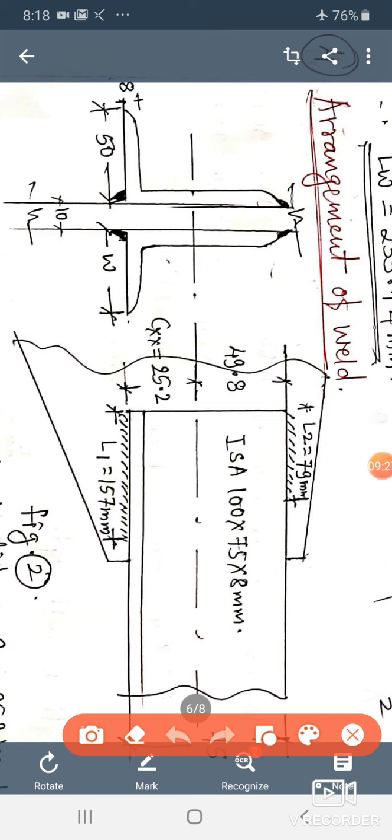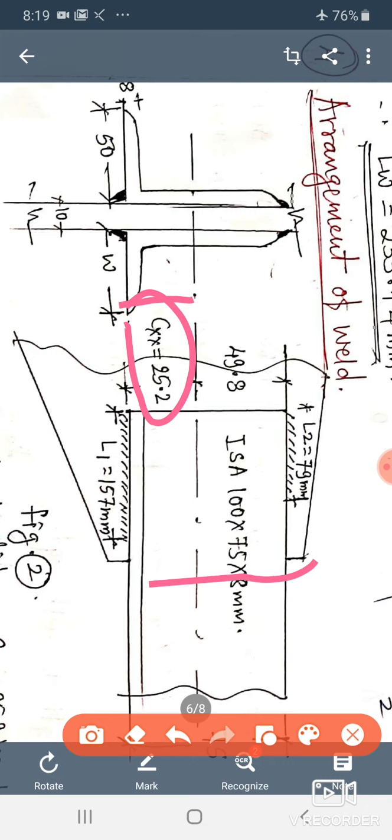CXX is nothing but the centroid of the section. This value is given in the steel table in the properties of angle section, that is 100 by 75 by 8. There you will be getting the value, so it is 25.2.